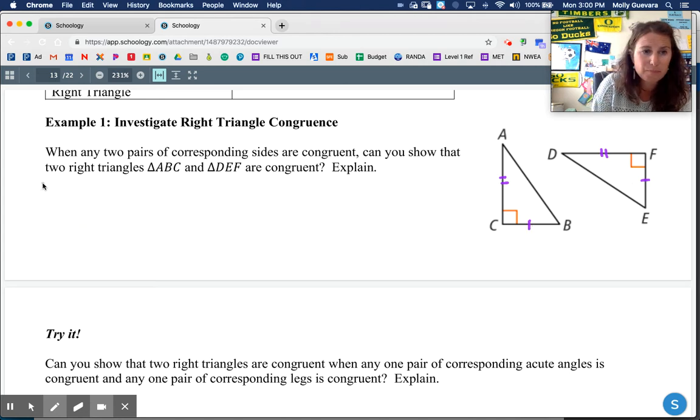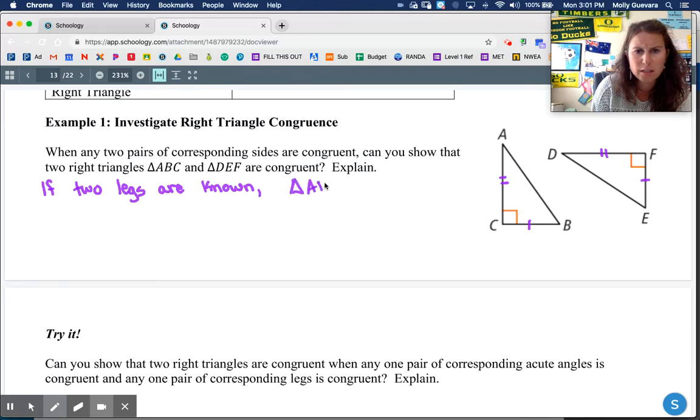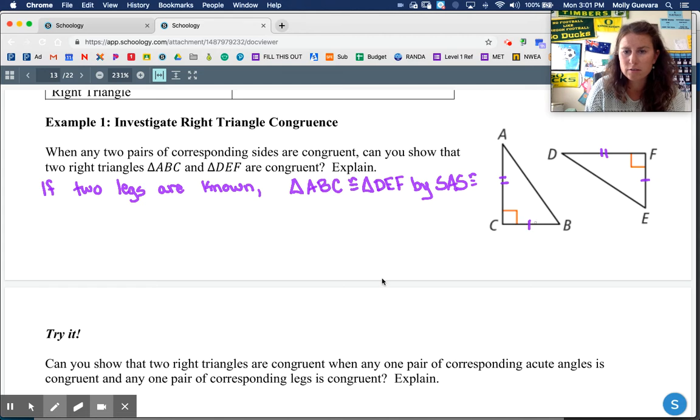Do we see that? So if two legs are known, I have triangle ABC is congruent to triangle DEF by side, angle, side congruency. Okay, I have a side, then an angle, then a side. Okay? So if that happens, great.